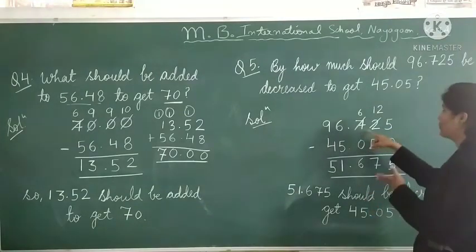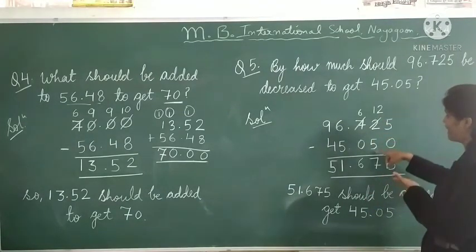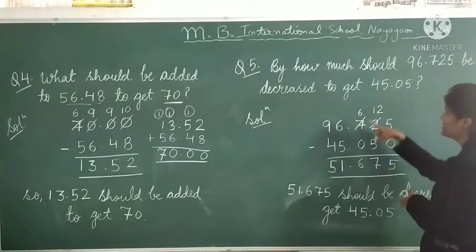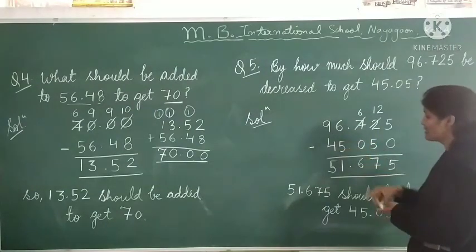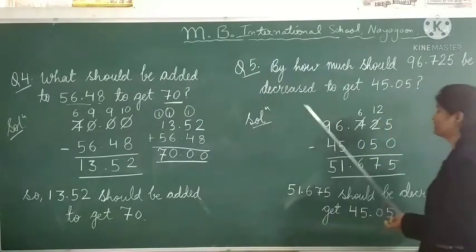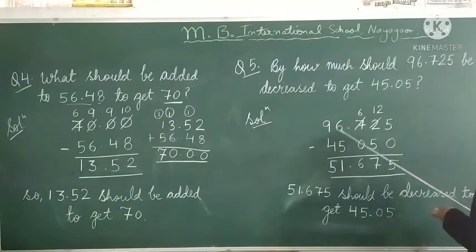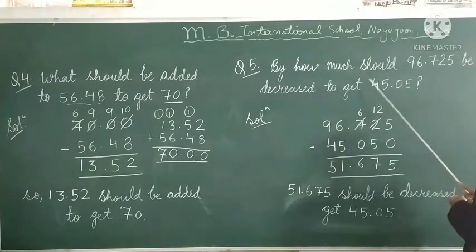So take borrow. It comes 12. 12 minus 5 is 7. 6 minus 0 is 6. Put the decimal as it is. 6 minus 5 is 1 and 9 minus 4 is 5. So when we subtract 45.050 from 96.725, we got 51.675.